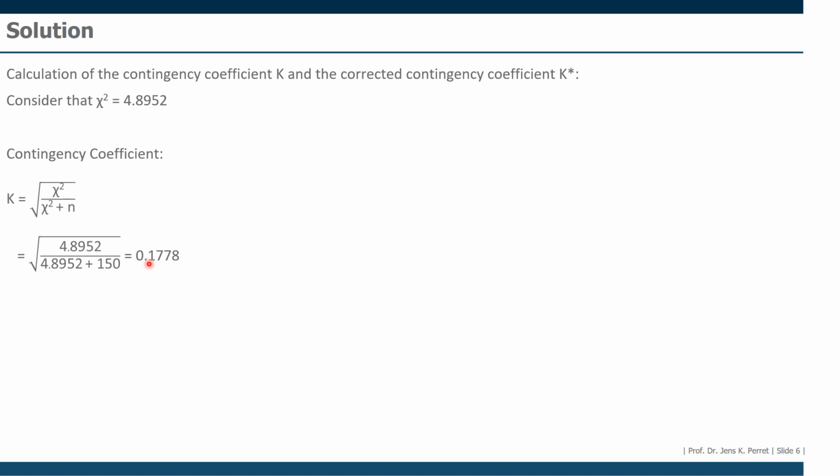That's already a result which will also be smaller than 1. However, this has the big disadvantage that it's not possible, or usually not possible, to get 1 here. So it's not really bounded by 0 and 1, so we have to correct this. The advantage of calculating the contingency coefficient, even in this form, is that we considered the number of observations.